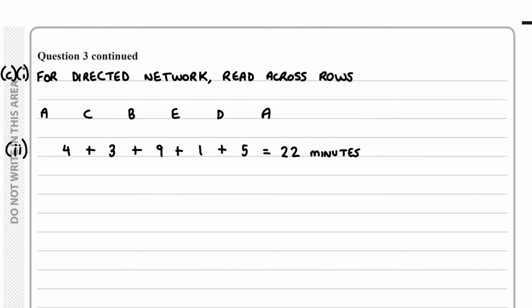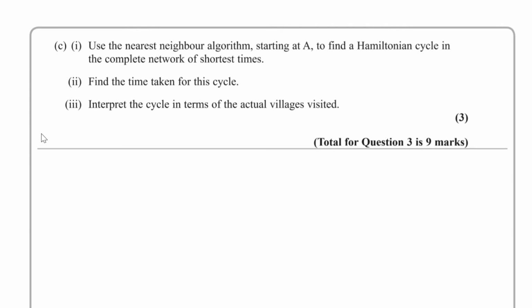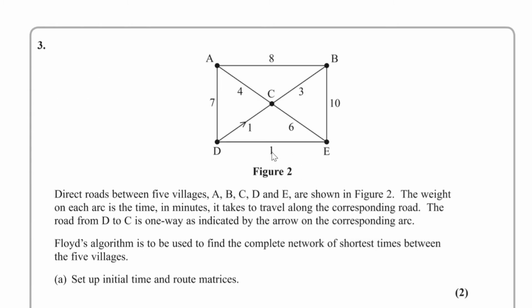And now for the third part, we have to interpret the cycle in terms of the actual villages visited. Well, if we go back to figure 2, let's just write down our cycle we have here. A, C, B, E, D, and A, and then here we had 4, 3, 9, 1, and 5.